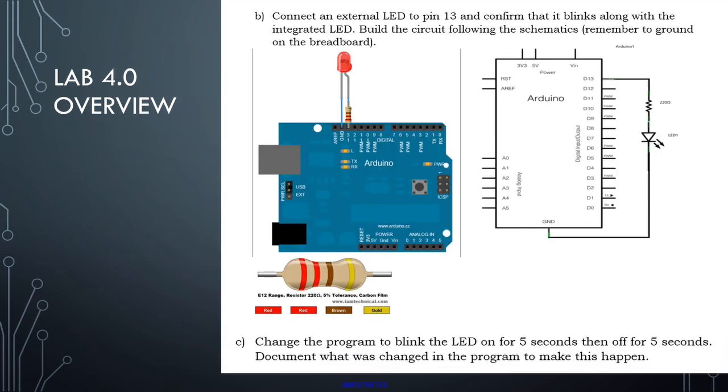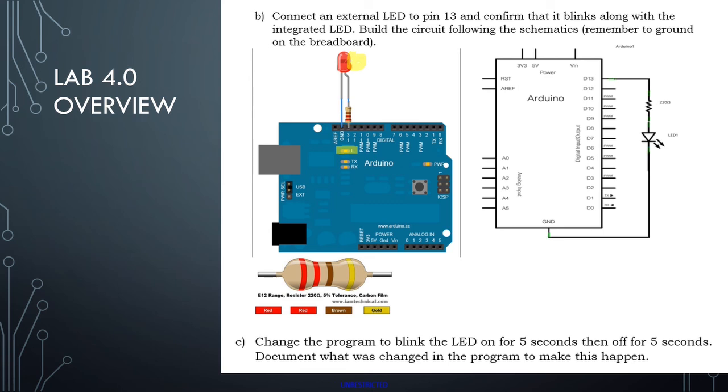Next, I ask that you connect an external LED to pin 13. So I've asked you to connect it to pin 13 because this is what your program is already set up for. So you don't need to make any program changes. And if you connect it properly, what you should see is your integrated LED and your external LED both blinking.